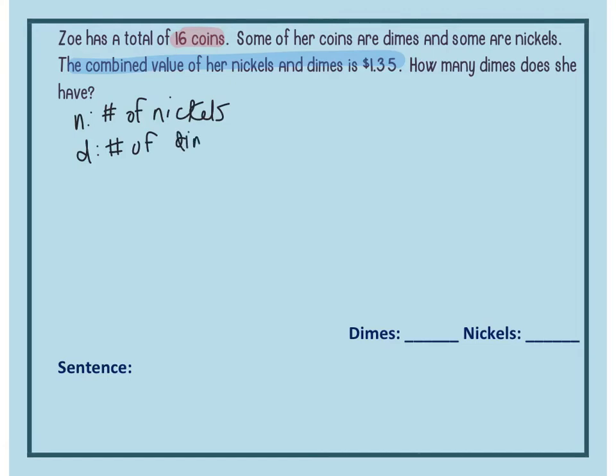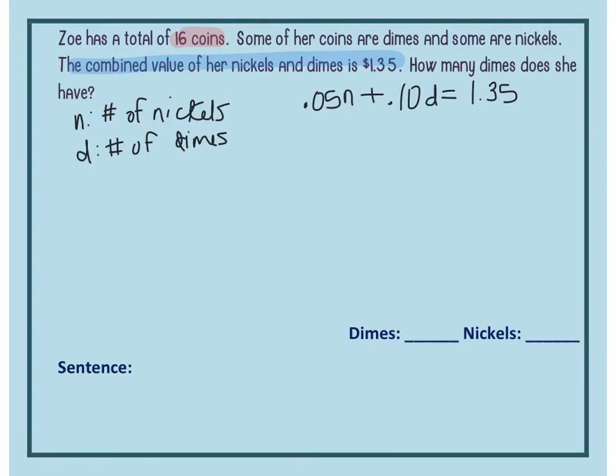Because you are expected to know the value of a nickel and the value of a dime. So money-wise, the value of a nickel, and now think about decimal places, please don't put 0.5. The nickel is 0.05 for every nickel, plus 0.10 for every dime is going to equal $1.35.